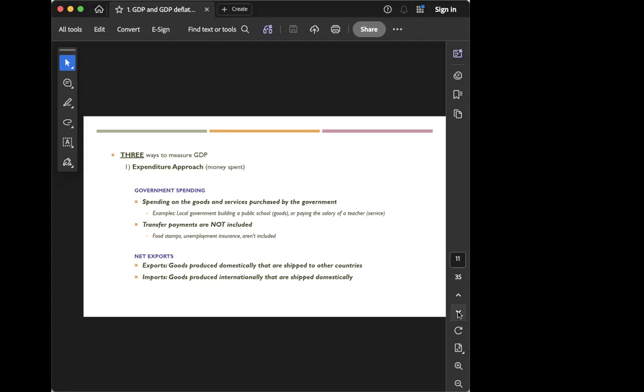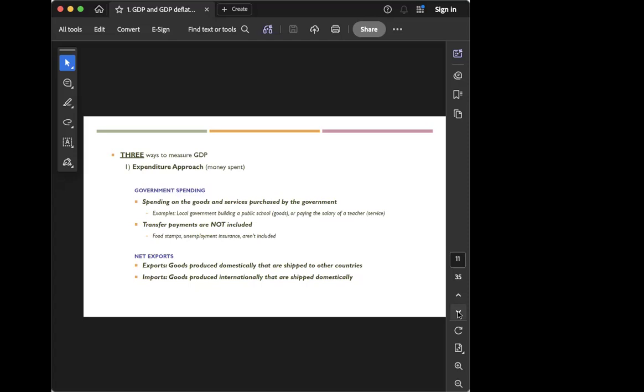spending. One thing you have to remember here is that transfer payments are not included as government spending, which means, for example, food stamps or unemployment insurance, something like that. Those are not considered government spending.